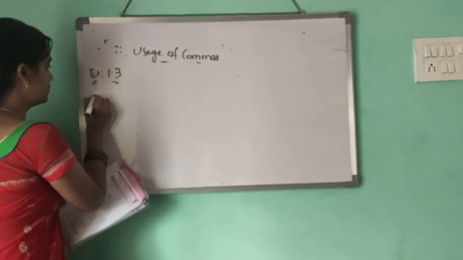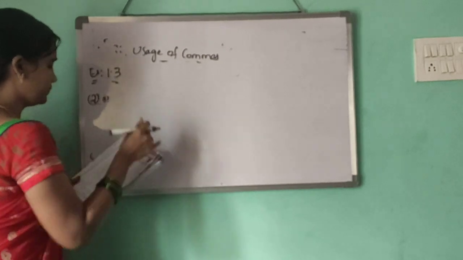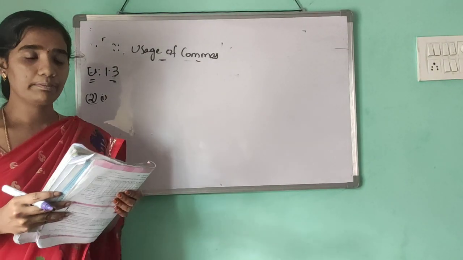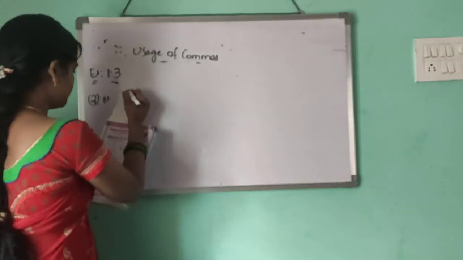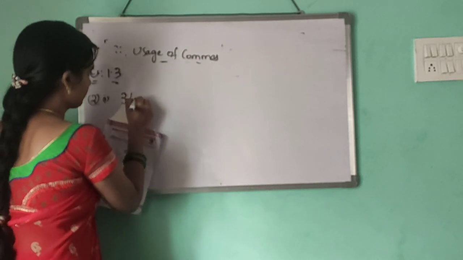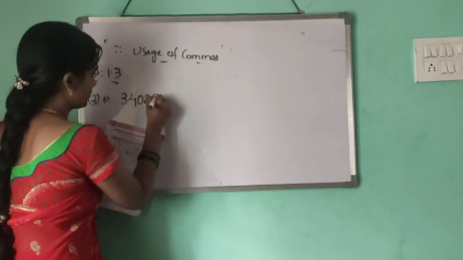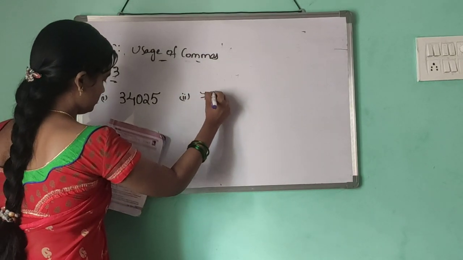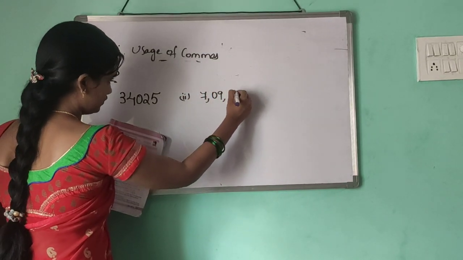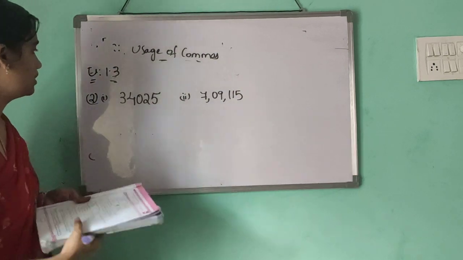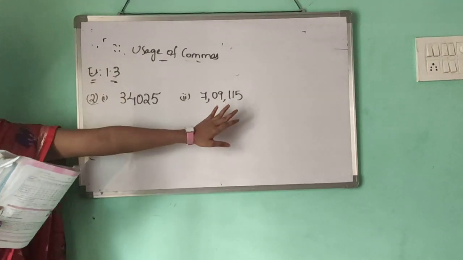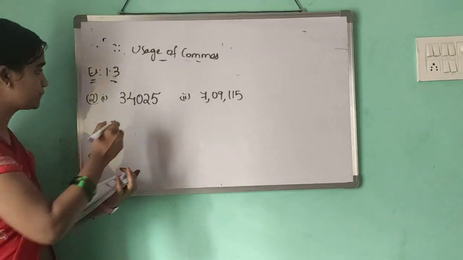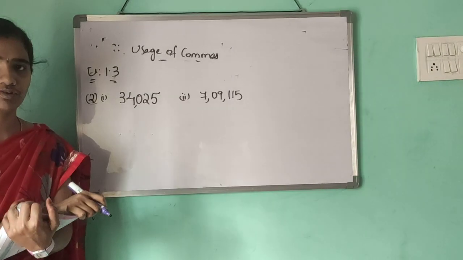Go to number 2. First one: write the numbers in words. Here, in these given numbers, how can we write in words?